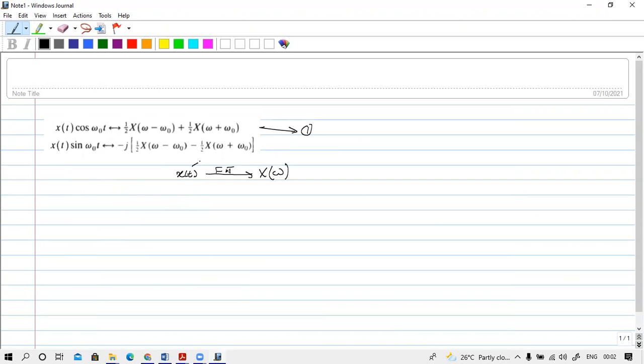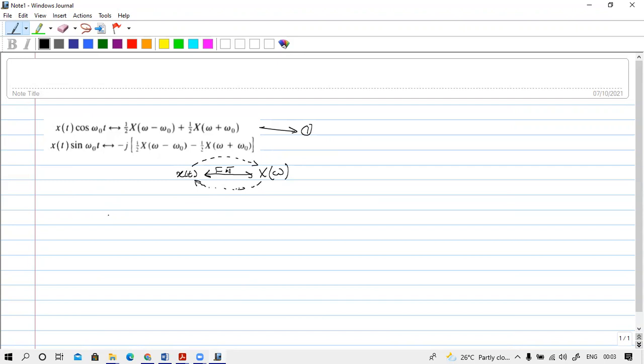So if we get the Fourier transform of xt, we will get the frequency domain signal, capital X omega. And if we get the inverse Fourier transform of this capital X omega, we will get the time signal xt again. Okay, so this is a fact.